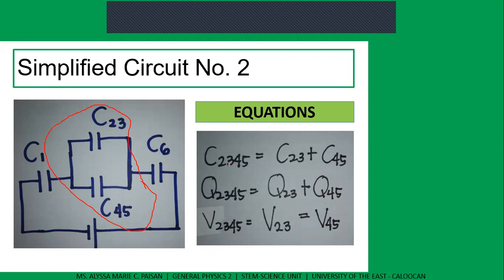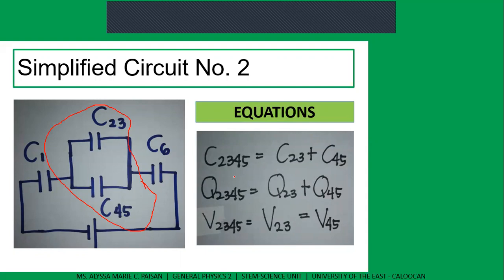And dahil apat na yan, ayan, medyo komplikado na, no? So pwedeng gawin mo dito C23-45. Okay? So pwede rin namang tuloy-tuloy na, no? Ayan. So since the connection is parallel, our C2345, which is the combination of C23 and C45, will have an equation for capacitance that is C2345 is equal to C23 plus C45.